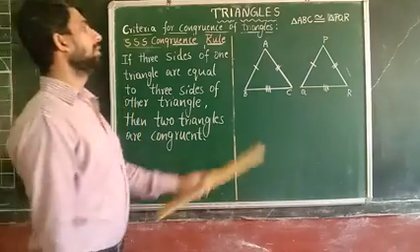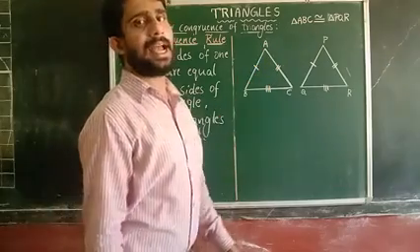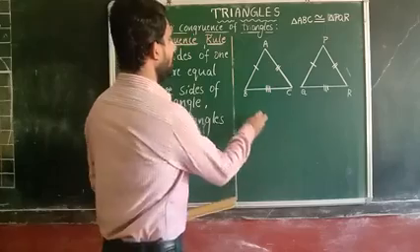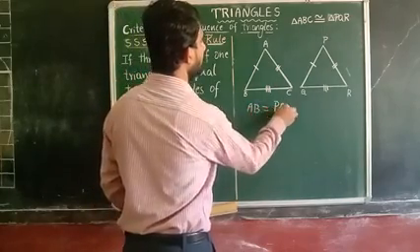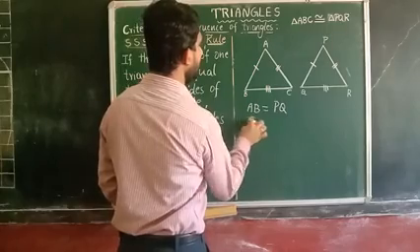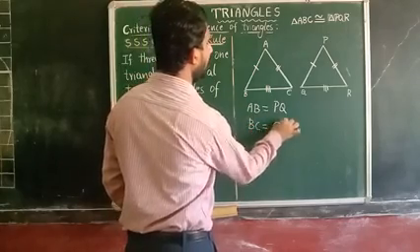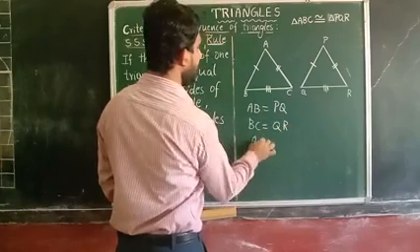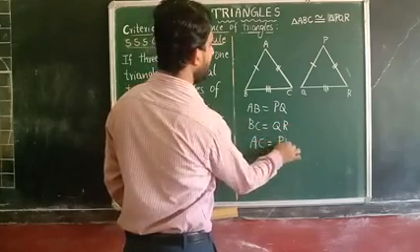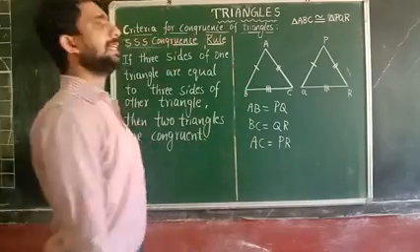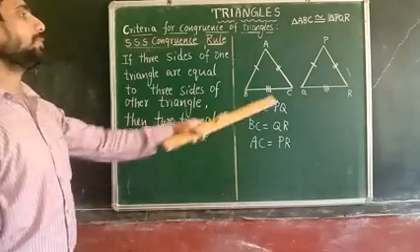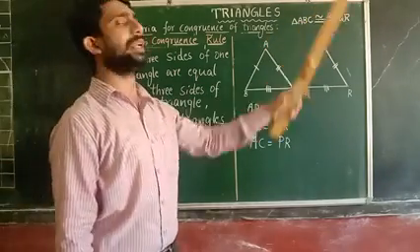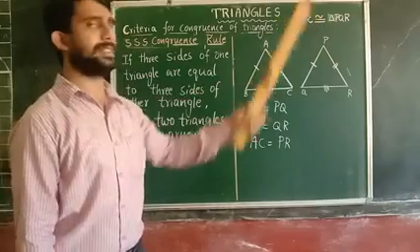Let's see. The two triangles ABC and PQR, and side AB is equal to side PQ. Then side BC is equal to side QR, and side AC is equal to side PR. All the three sides are equal to the corresponding three sides of the other triangle. Then the two triangles are congruent. This is the congruency symbol.